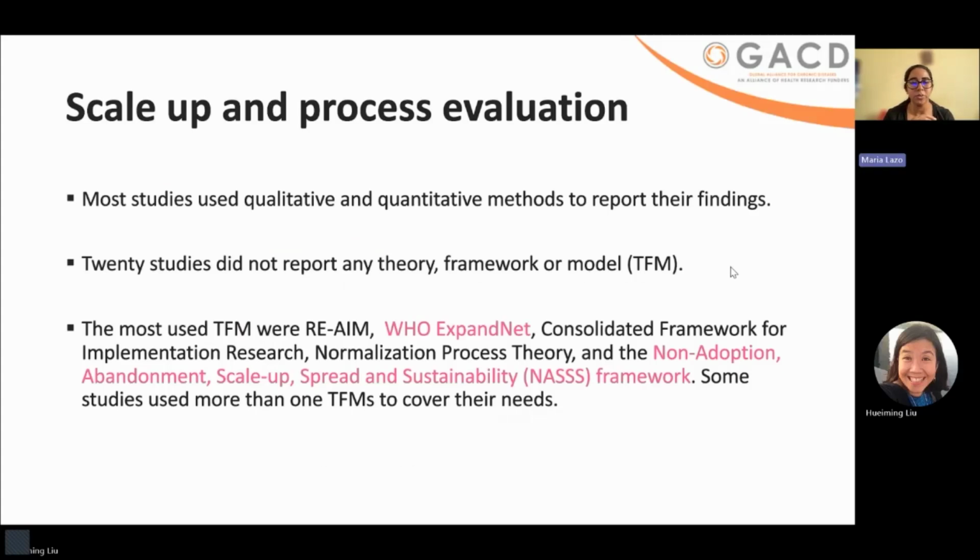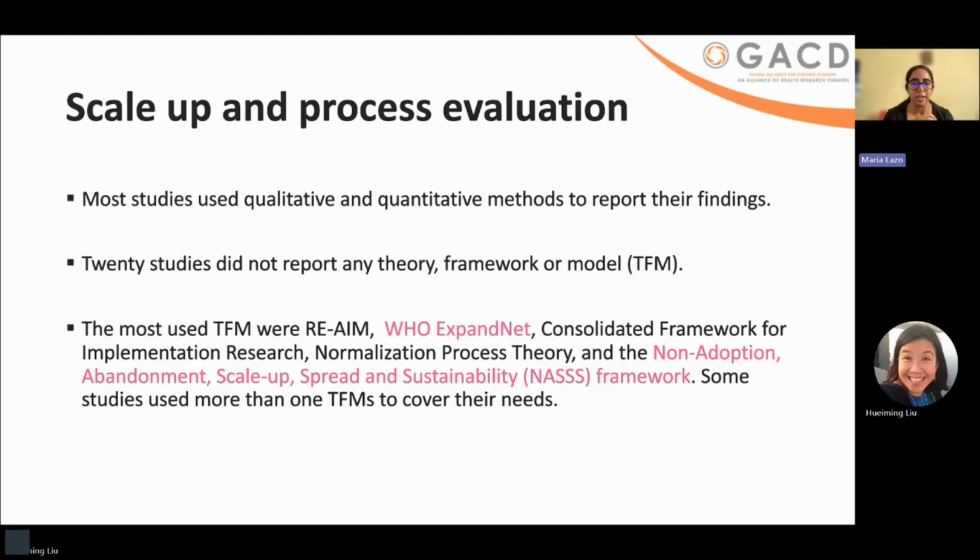Also, most studies use mixed methods. That means qualitative and quantitative methods to report their findings. Also, we found that process evaluation studies not always include a theory, framework, or model, or TFM, to call them in an easy way.